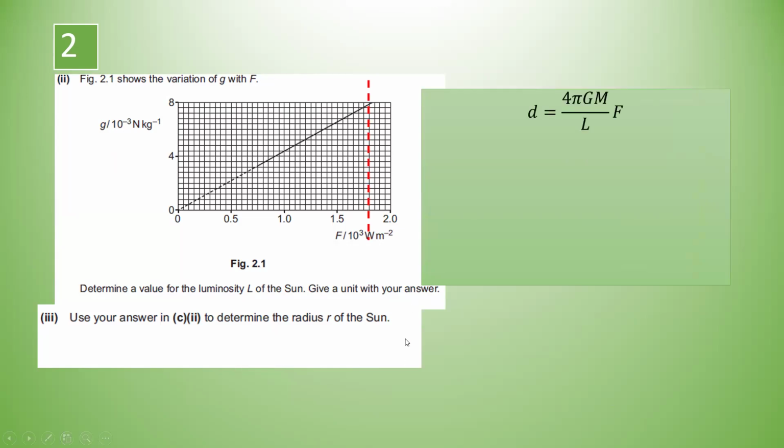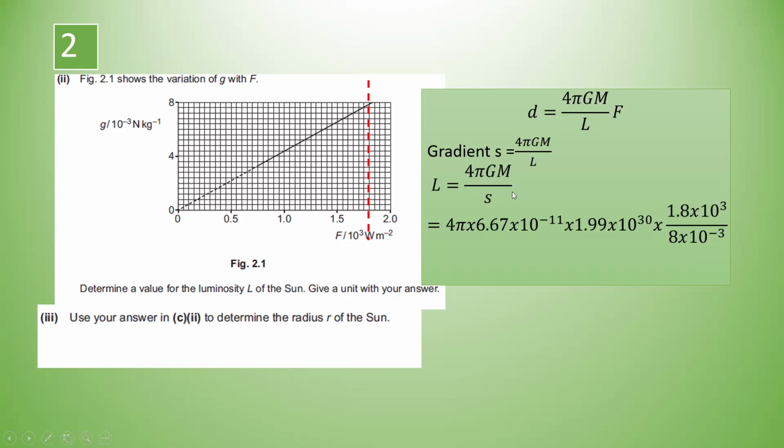Rewrite the equation: 4 pi GM over L. Then this is the gradient or the slope S. So L is, cross multiply, S take it down, 4 pi G, this is your M. This is the gradient.